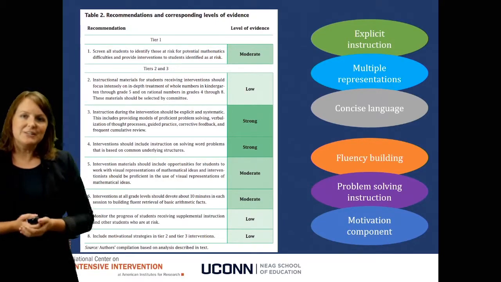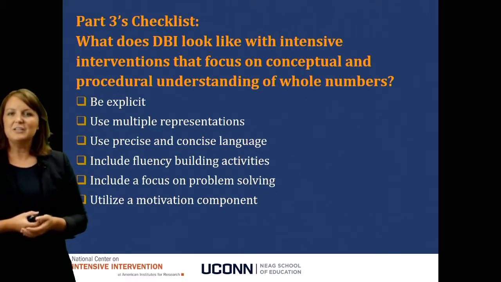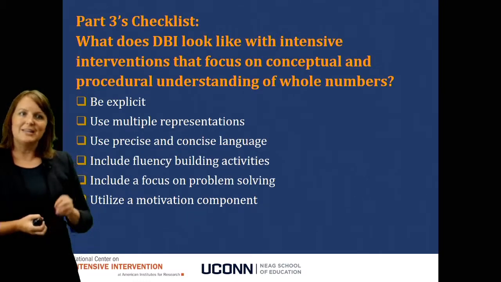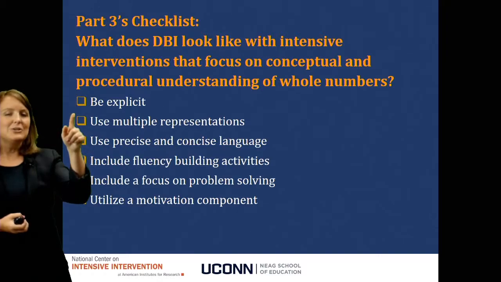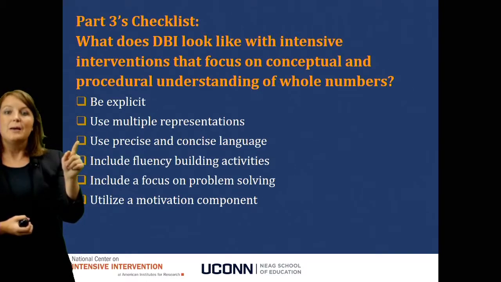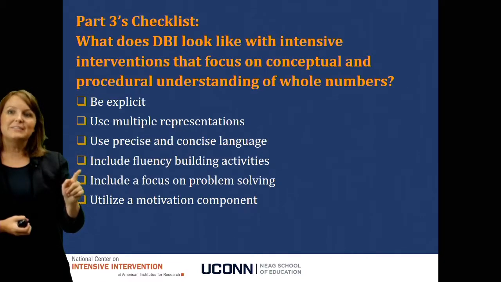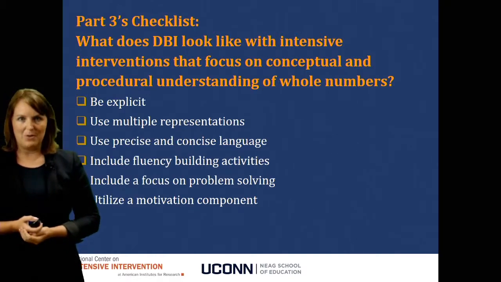And we watched different examples of intensive intervention in play. So in Part 3's checklist, what does DBI look like when it comes to whole number content that's emphasized within intensive intervention? Remember, we need to be explicit, use those multiple representations, make sure our language is precise and concise, and then include fluency building activities, include problem solving instruction, and utilize a motivation component.